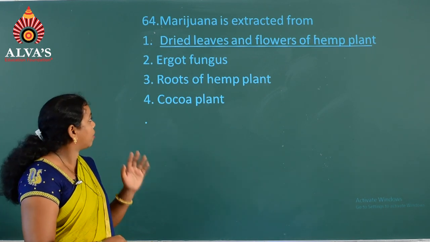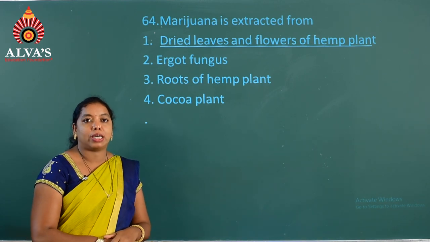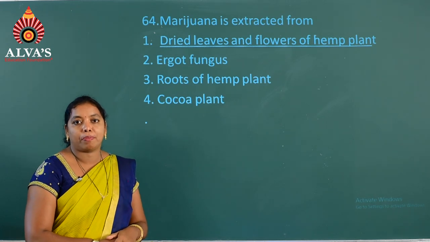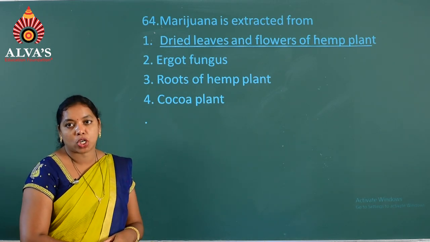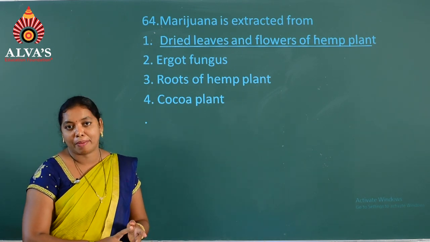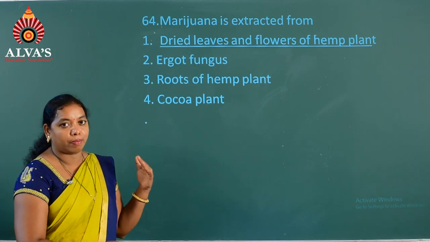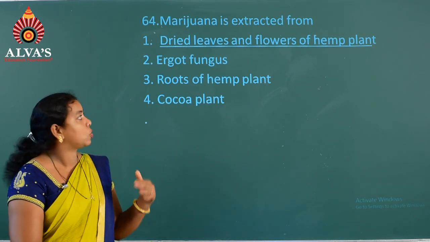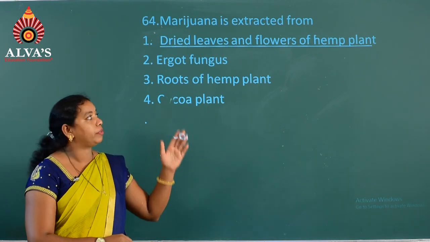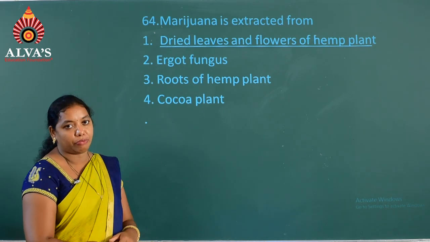If you consider this particular question, marijuana is a drug extracted from the cannabis plant, and there are related drugs like hashish, charas, ganja, marijuana, etc. Marijuana is extracted by using dried leaves and flowers of the hemp plant. So the answer is the first one itself.